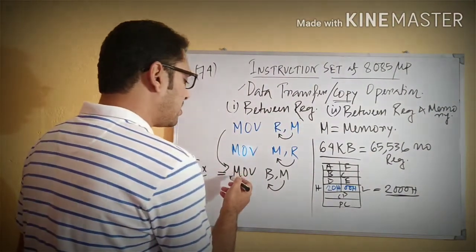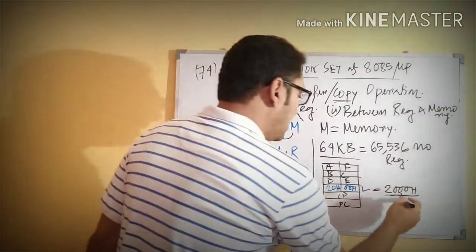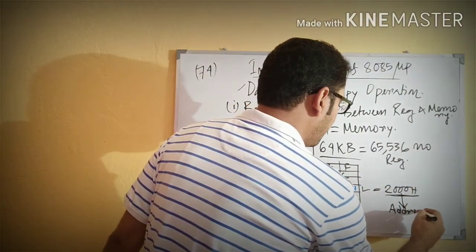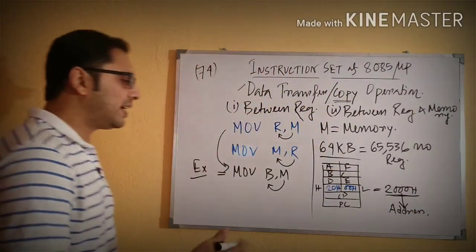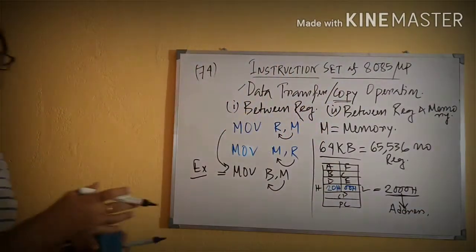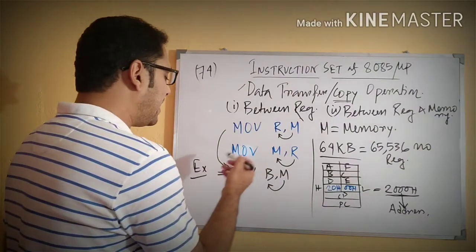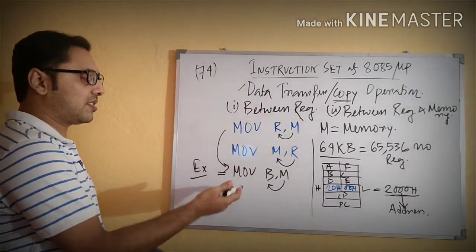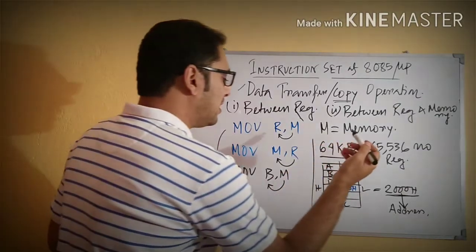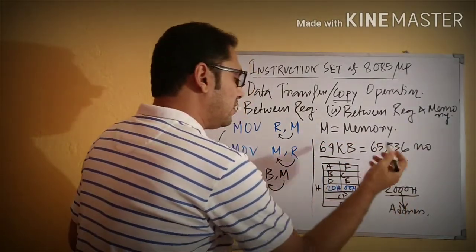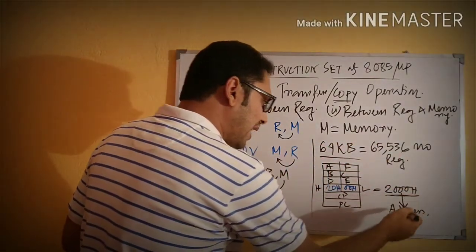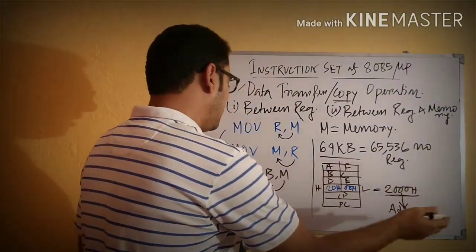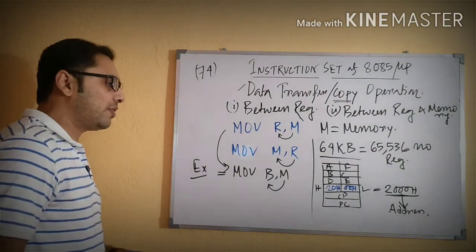But this instruction will use this data as an address. I am repeating it once again. HL basically contains data, but when we execute this instruction, it takes this data as an address, and whatever 8-bit data is available at this memory address is copied into register B.